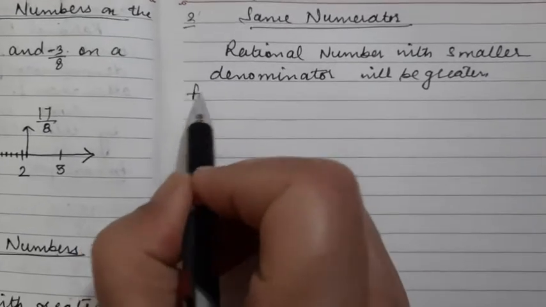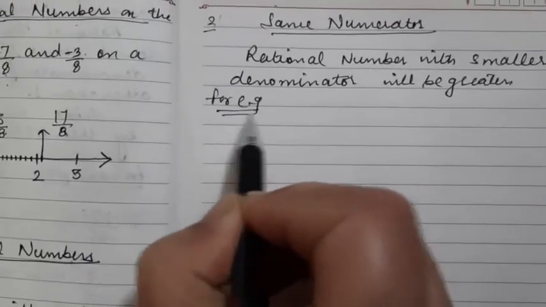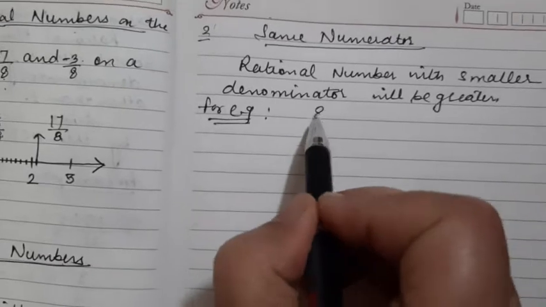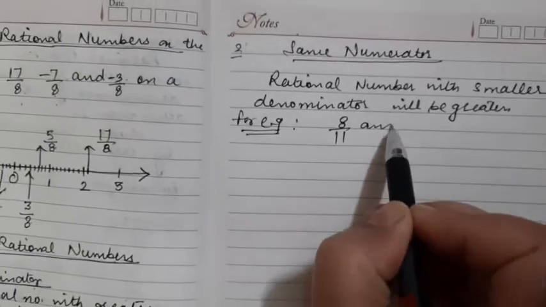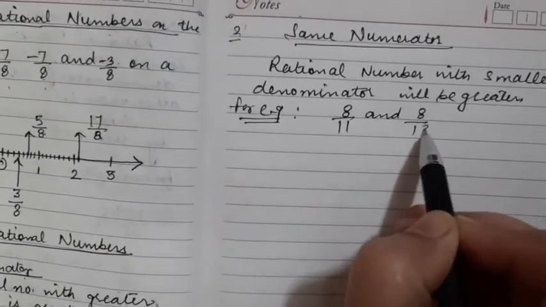For example, we are given 8 by 11 and 8 by 13.